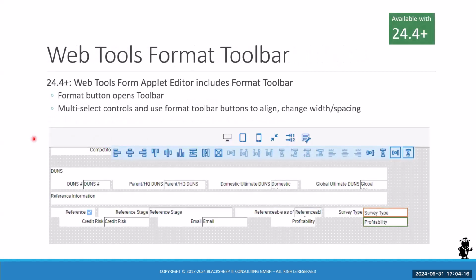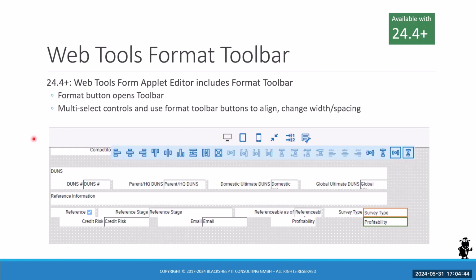And here it is in all its glory, the WebTools format toolbar for the form applet editor, that is, of course, placed into WebTools since IP17. And since IP17, it was more or less missing this format toolbar. And now it's back with additional buttons even. So there are 2 more buttons.